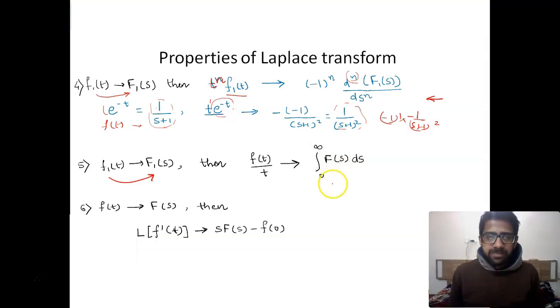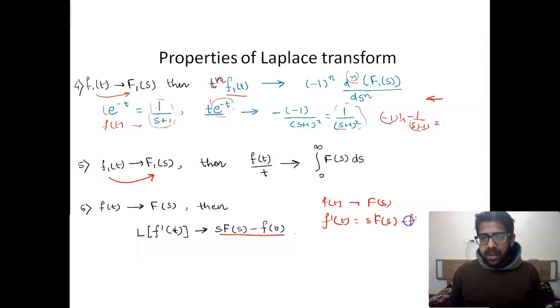The sixth property is the differentiation property. If you know the Laplace transform for f of t, which is F of s, you can easily find the Laplace transform of f dash of t, which is given by this rule. You can see it is s into F of s minus f of 0.